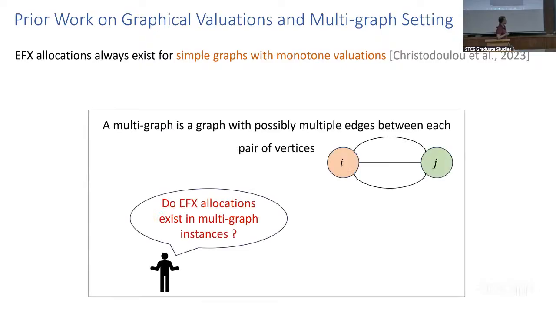Now we want to answer whether EFX exists in multigraph instances. Here an instance is specified as a multigraph. So instead of having a single edge, you can have multiple edges between any pair of vertices. And the question that we want to ask is, do EFX allocations exist or not?